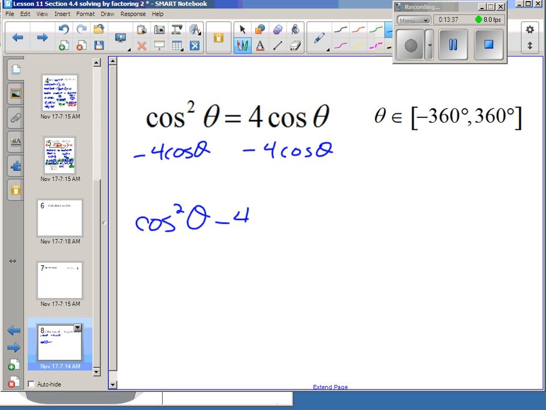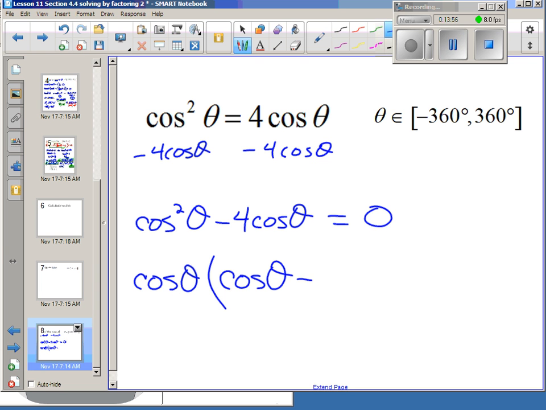So I have cosine squared theta minus 4 cosine theta. And again, we always should start by trying to factor out the biggest common factor. And in that case, my common factor is cosine of theta. What's left in front is cosine theta. What's left in back is 4.